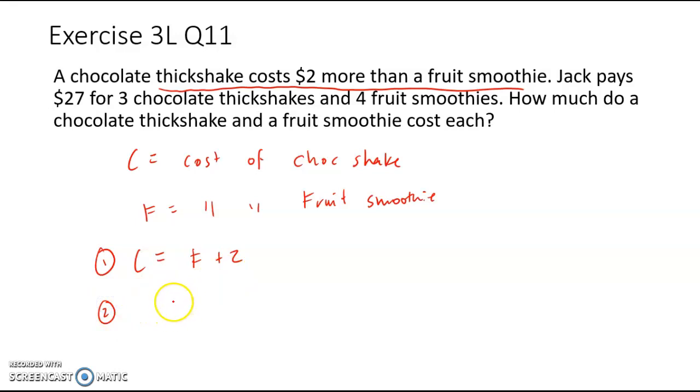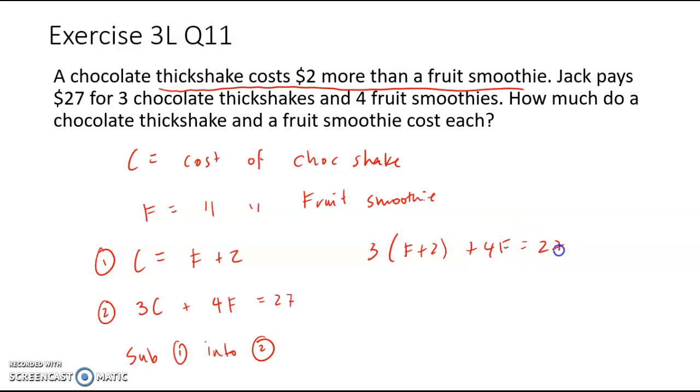The second equation will be 3 times the cost of the chocolate thick shake and 4 times the cost of a fruit smoothie costs $27. So I can say 3C plus 4F is equal to 27. When you've got 2 equations, I could solve it algebraically. I could say sub 1 into 2, and that will give me 3 times f plus 2, plus 4f, is equal to 27.